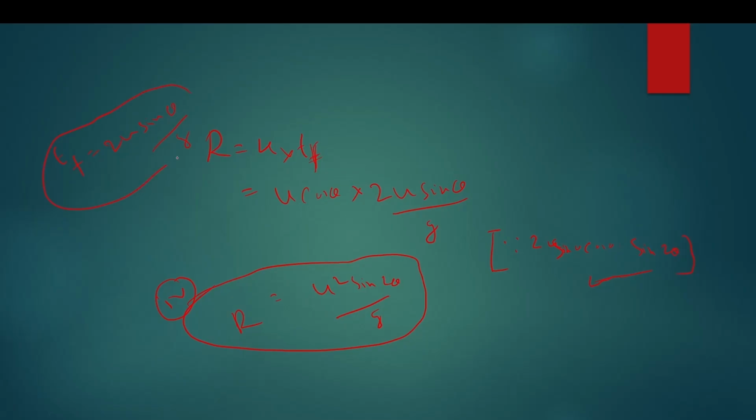And the maximum height we have calculated earlier is u square sin square theta upon 2g, the height of the projectile motion. So these three are the basic formulas of projectile motion.